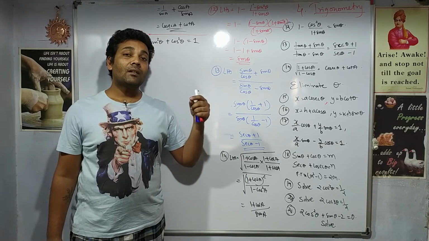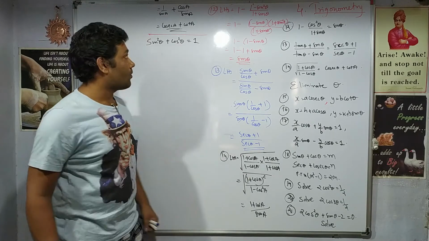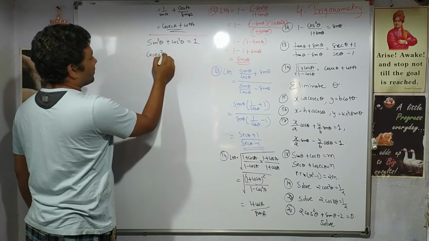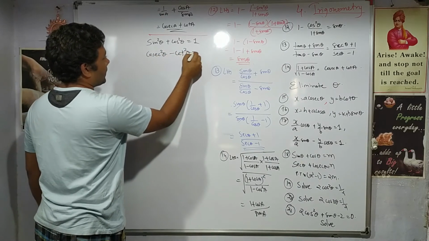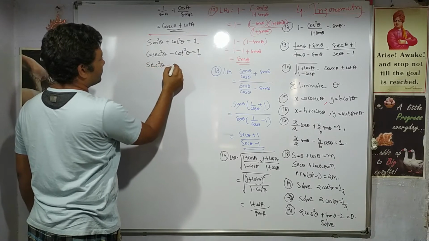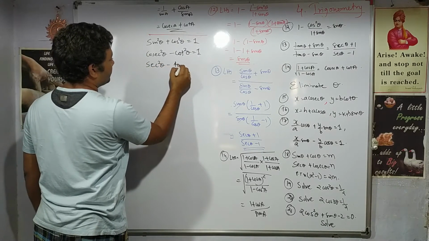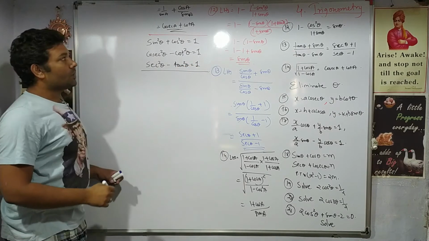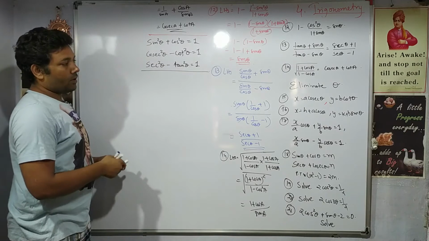Speak and write, speak and write. This will help you to memorize the formulas. So this is the first square relation. This is the second square relation. This is the third square relation, right? So we'll use those relations to solve the questions.